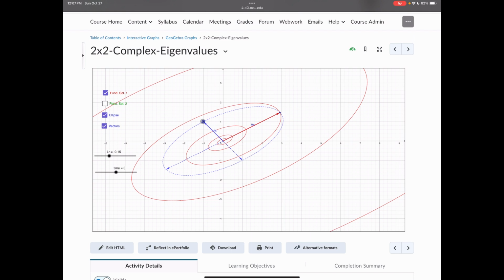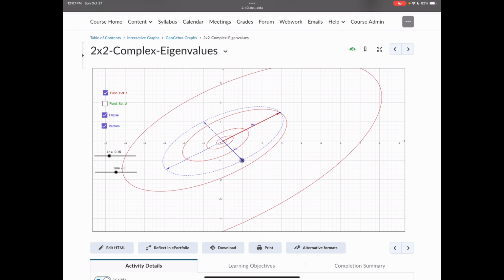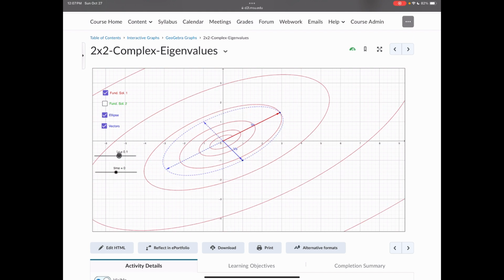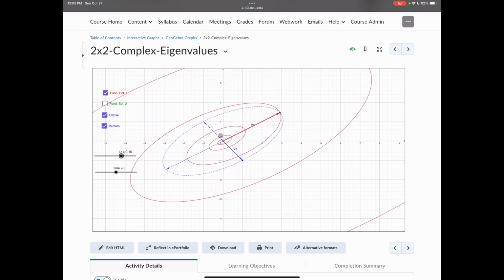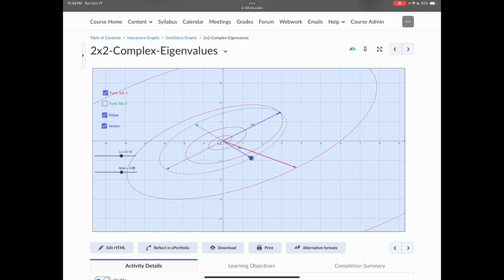But if negative b were in the other direction, the solution still goes from a to negative b. Let's go to alpha positive to see it a little more clearly. It goes from a to negative b, but now negative b is in the opposite direction it was before, so now the rotation is counterclockwise. So clockwise or counterclockwise depends on the relative position of the vectors a and b.